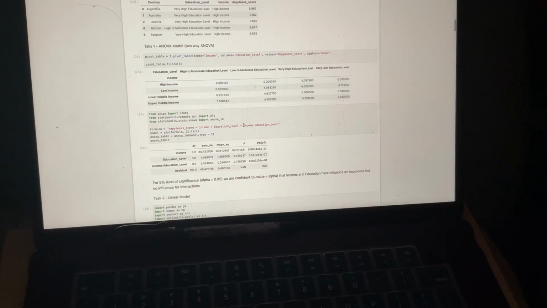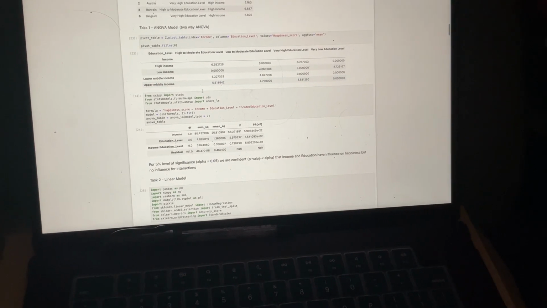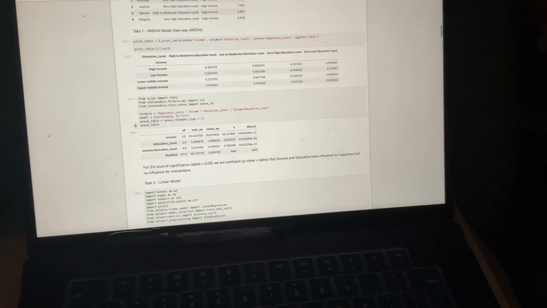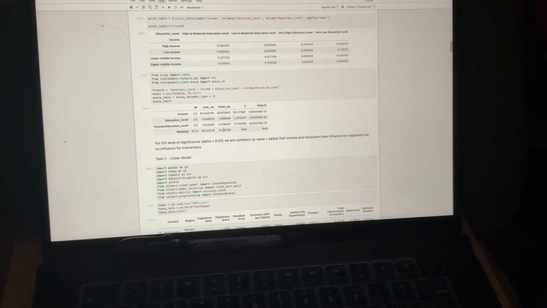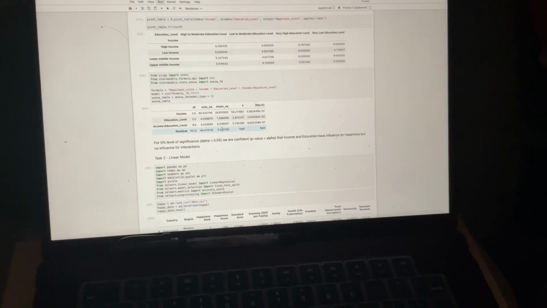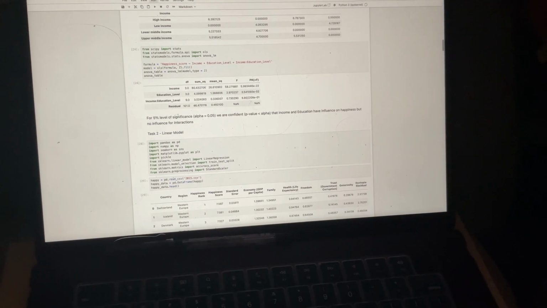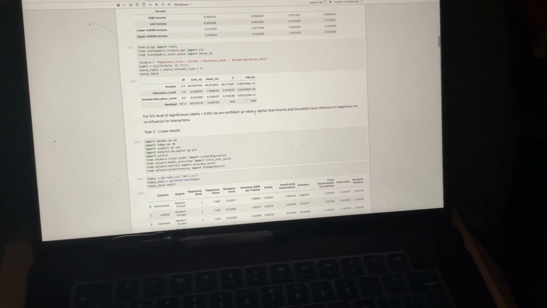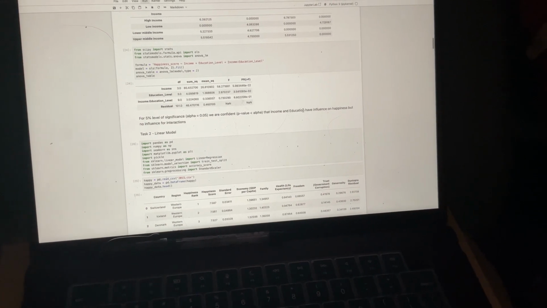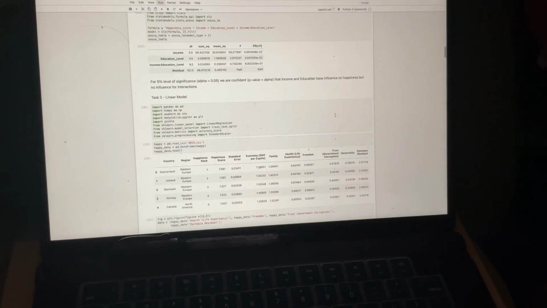Up here, I'm importing the other libraries that are needed, and then the formula for the values needed to fill in the table for all the values that are missing. For the 5% level of significance, alpha 0.05, with confidence, the p-value is less than alpha, so income and achievement have an influence on happiness, but there is no influence for interactions.